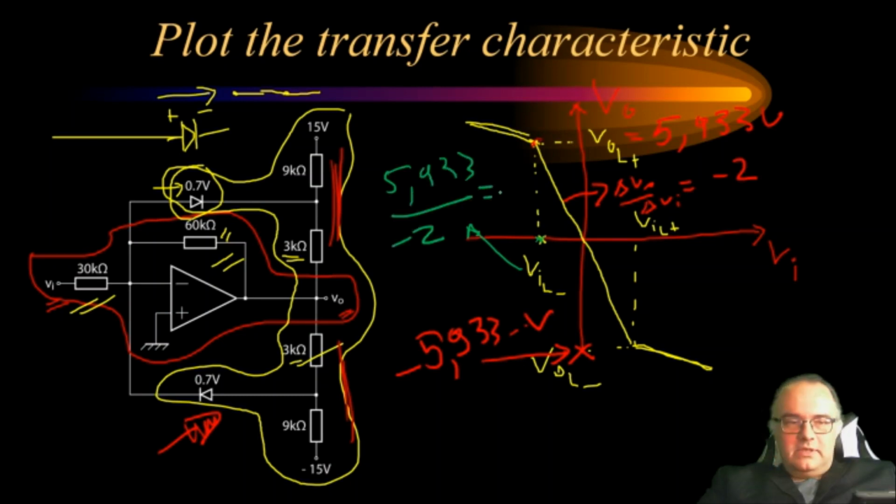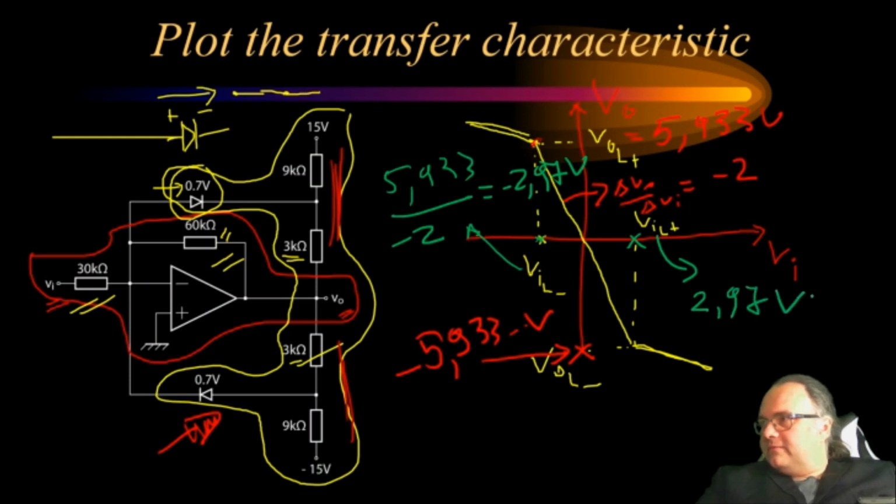This will be minus 2.97 volts. So this here will be plus 2.97 volts. Yes, and now I can calculate what is this slope.